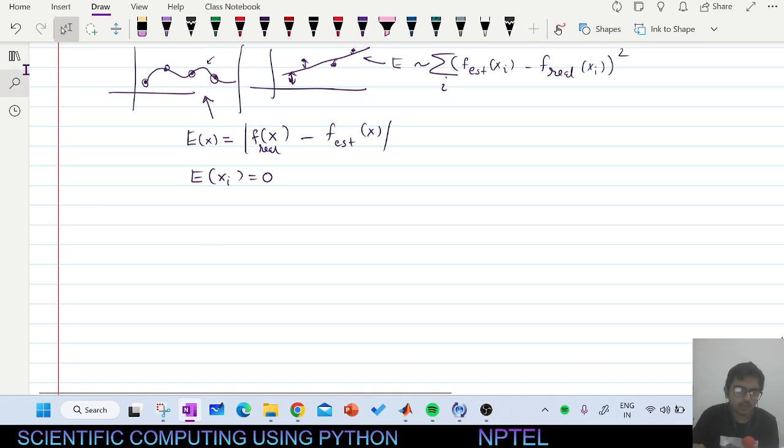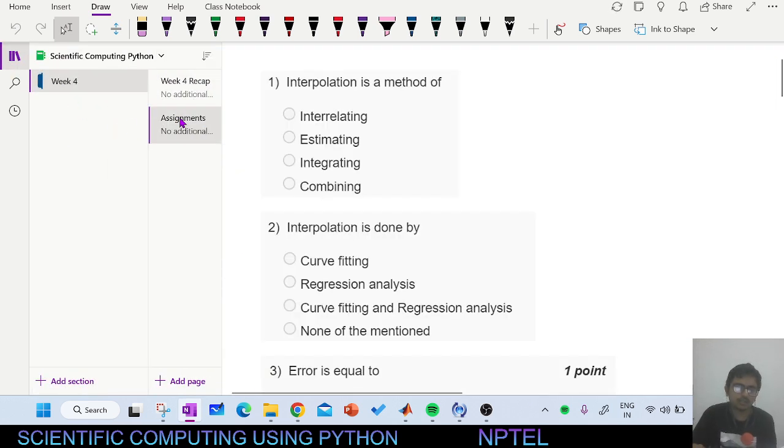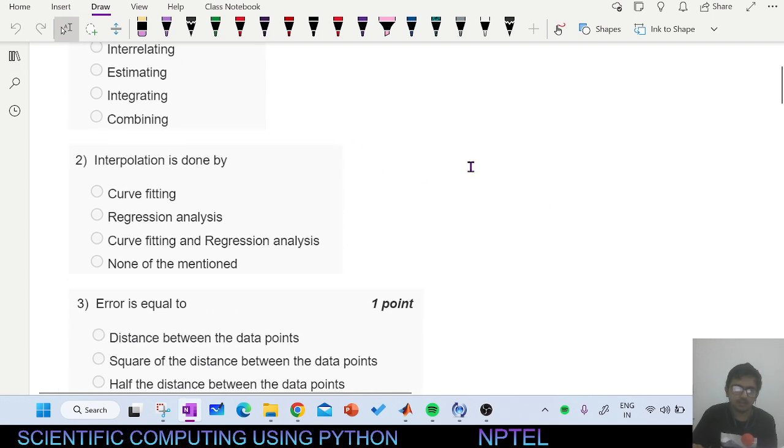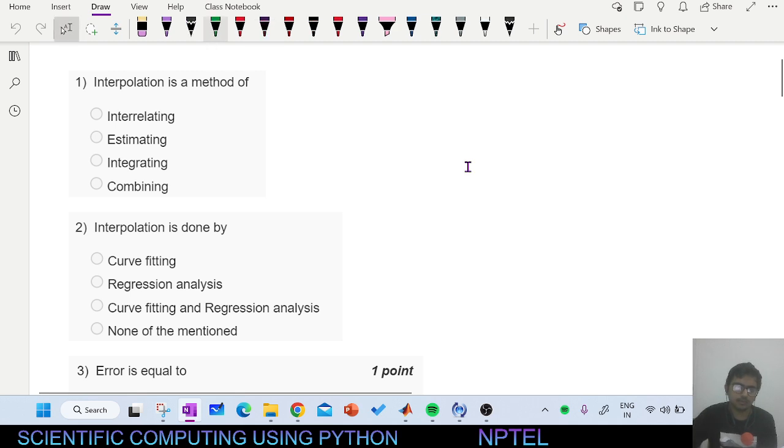Now let's look at assignment questions. And these are going to be slightly controversial, some of them. Let's see how it goes. So the first one is: interpolation is the method of interrelating, estimating, integrating, and combining. Write your answer in the chat box using 1, 2, 3, 4.